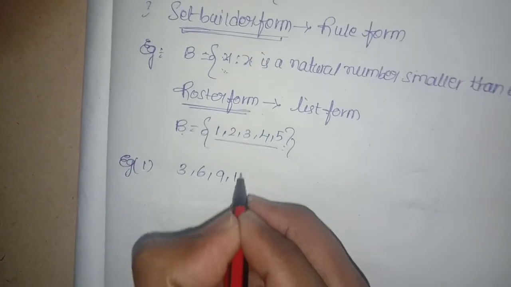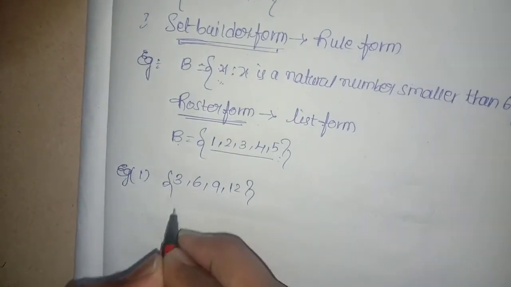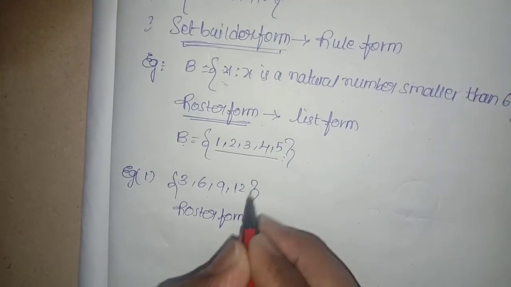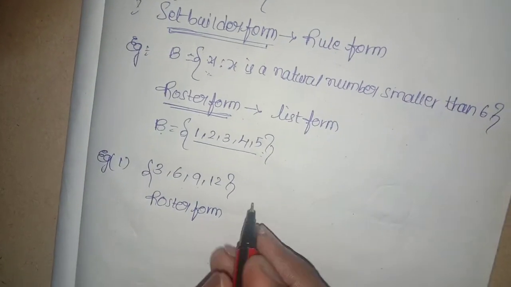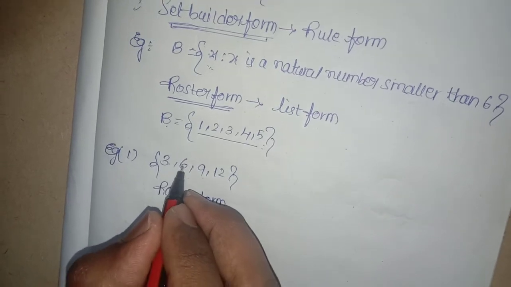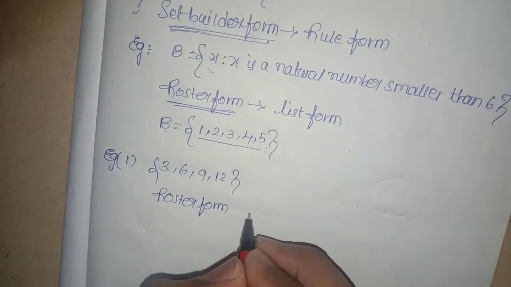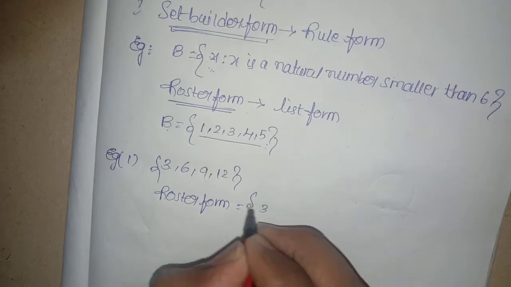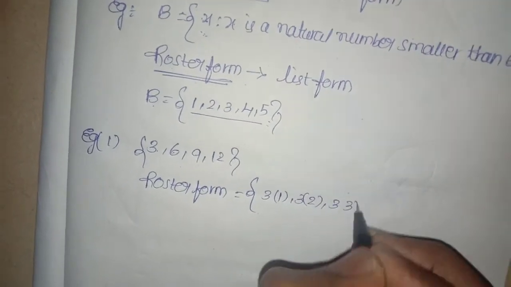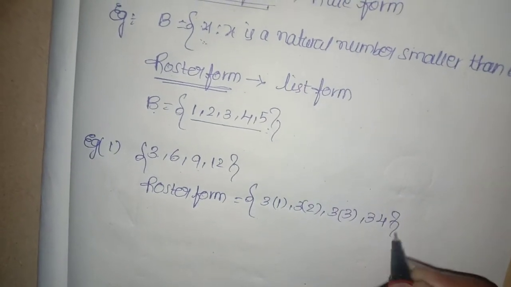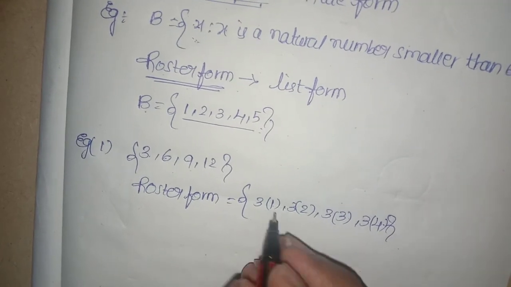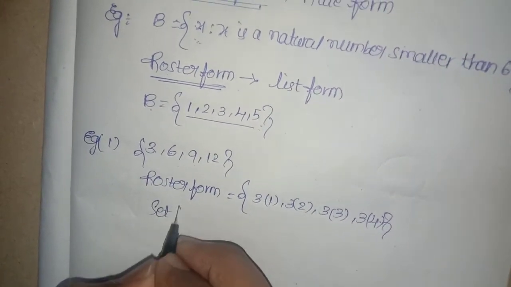3, 6, 9, 12. It is in roster form. We have to convert it into set builder form. First we write it is increasing: 3 ones are 3, 3 twos are 6, 3 threes are 9, 3 fours are 12. So here the common factor is 3, and 1, 2, 3, 4 we name as x.